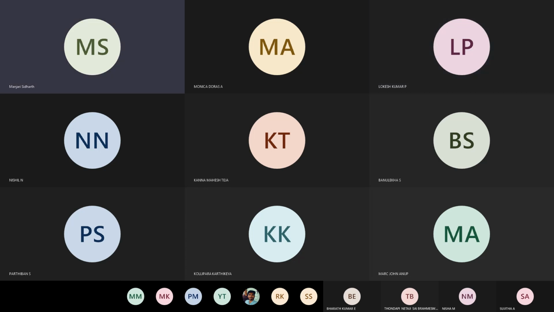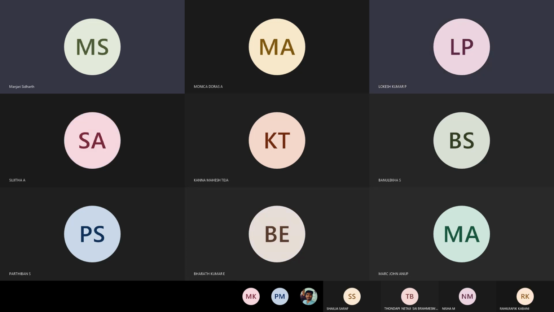Ma'am, I have one doubt in the power series. Your voice is too low, I cannot hear properly. Now, is it fine? Yes, ma'am. You discussed case 3, when the roots of the indicial equation are distinct and differ by an integer.